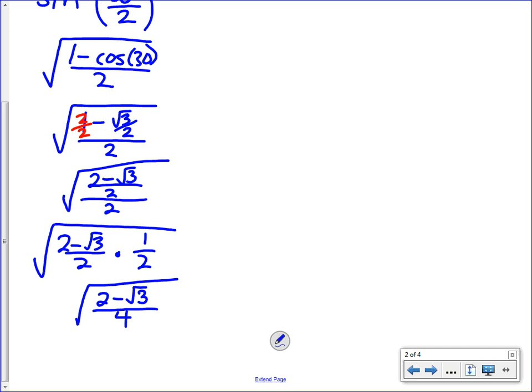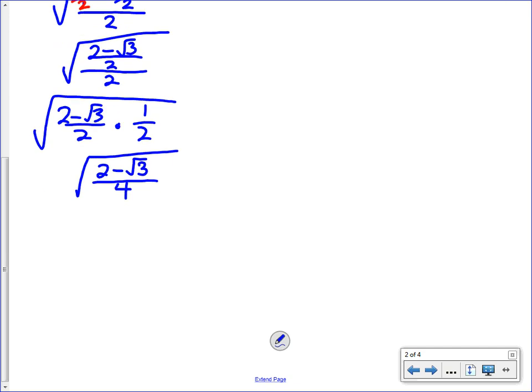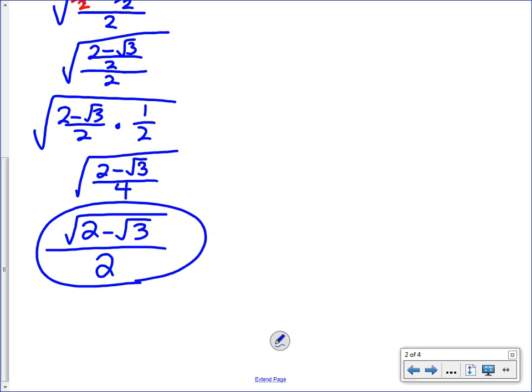Because 4 is a perfect square, we can find the square root of 4. Essentially, we find the square root of the numerator over the square root of the denominator. The square root of 4 is 2. This is pretty much as far as we can take it in terms of simplifying. I know it looks a little crazy because you have a radical within a radical, but that's okay, that is allowed.